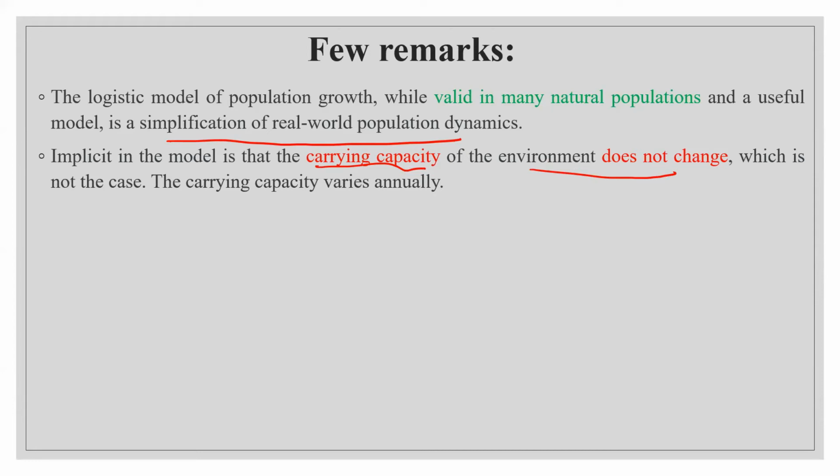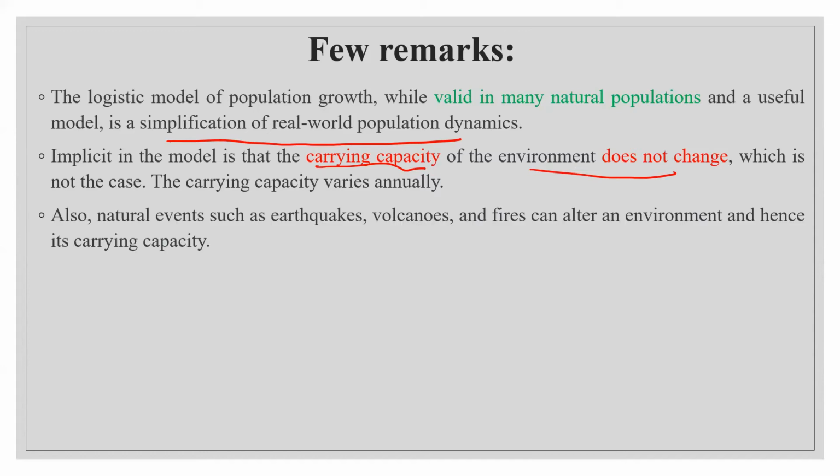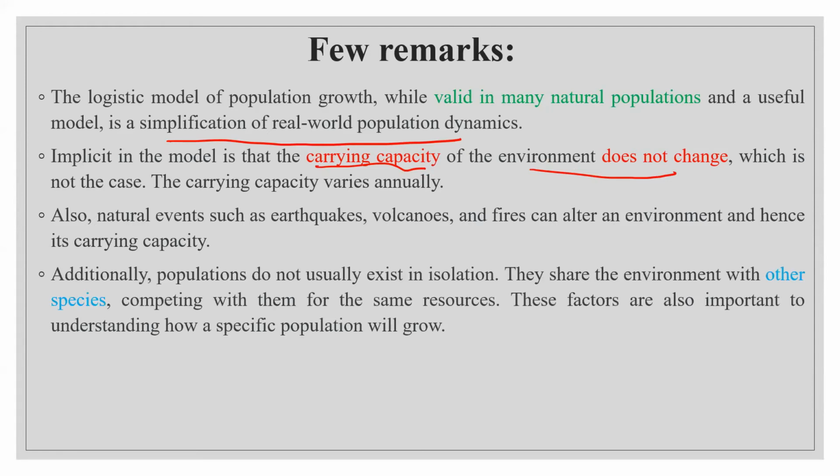But in our model we have fixed one carrying capacity, so this is a drawback. And also there are natural calamities like earthquakes and volcanoes, which may also alter the carrying capacity. And in addition to this, obviously as a species they cannot exist all alone. They share the environment with other species also, right? So these factors were not considered.